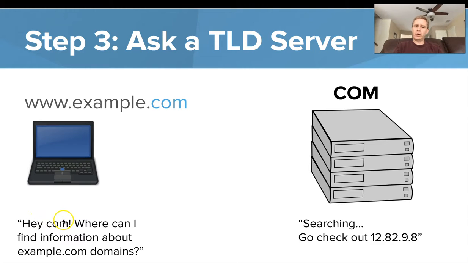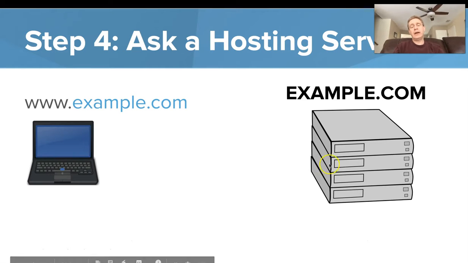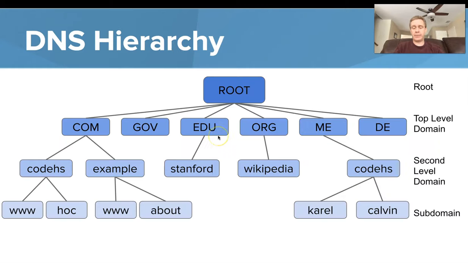So again, we go to the com server, we say, hey, tell me information about example.com domains, com searches, and it finds the IP address for example.com. And so now your computer has that IP address, and it'll go to that IP address and ask the host server at example.com, where is www.example.com?